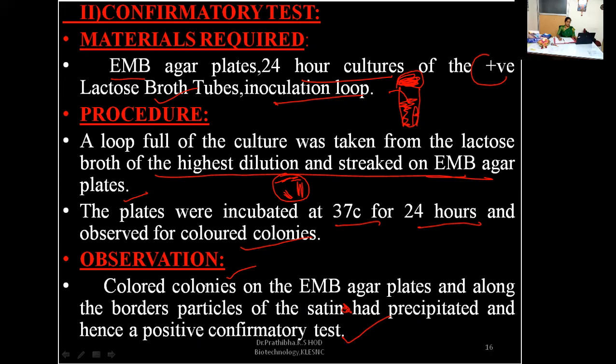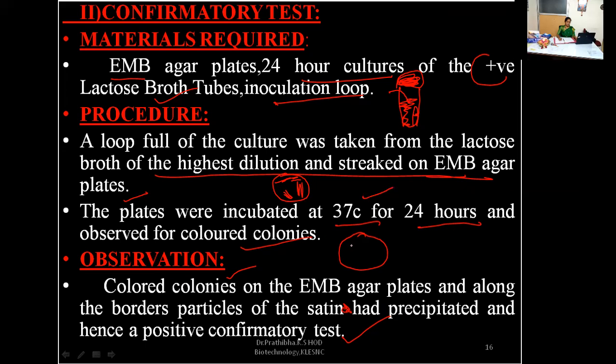Okay, so what is the observation here? Colored colonies on the EMB agar plates. Along the borders, particles of the stain had precipitated, and hence positive confirmatory test. It means in this particular EMB agar plate, after the streaking, you keep it for incubation.